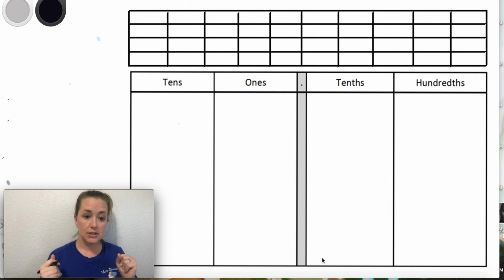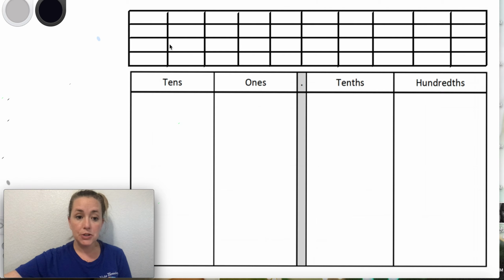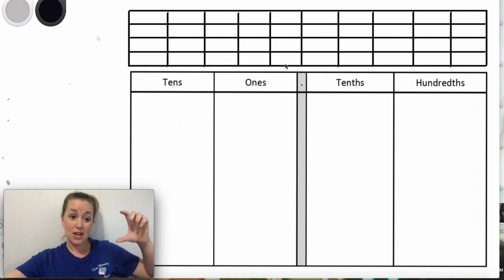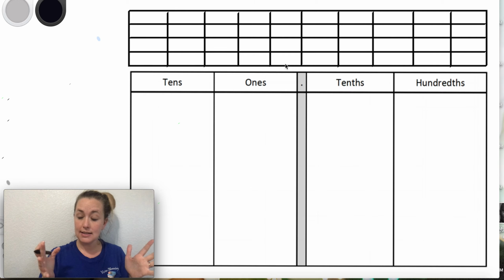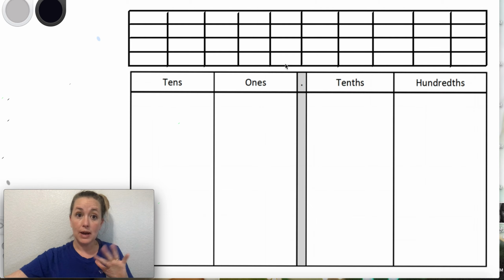So let's put down 4 different numbers. Also on your paper, I want you to draw 4 different tape diagrams. I've stacked them on top of each other because I think that makes it a little bit easier for us to compare sizes. But if you don't want to stack them, you don't have to. Okay, so once you have your tape diagrams, go ahead and keep watching the rest of the video.